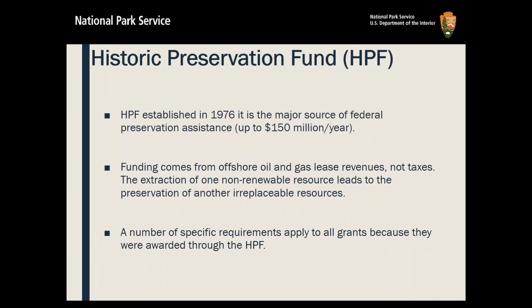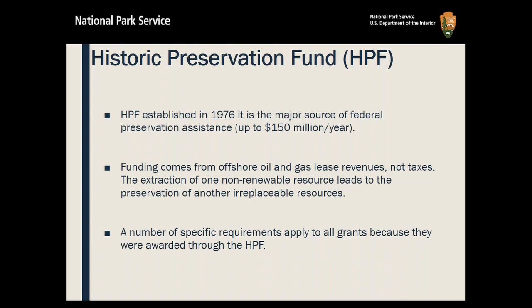And so all of the grants that you've received are funded through the Historic Preservation Fund. It was established in 1976. And it's the major source of federal preservation assistance. And we receive up to $150 million a year. That is the cap. And funding comes from offshore oil and gas revenues, not taxes.